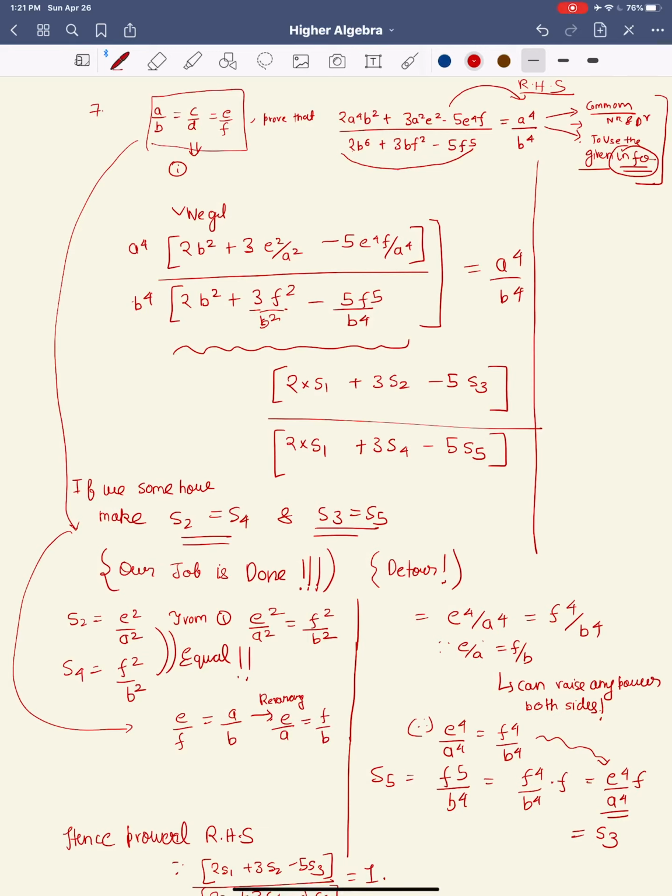And if we square both sides, we get e square over a square equals f square over b square. So this job is done. We have proved S2 equals S4.